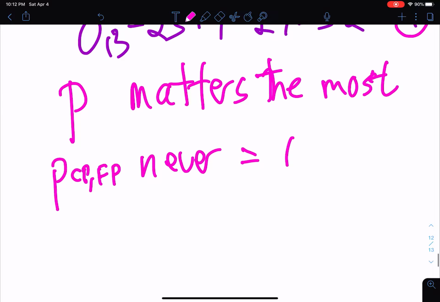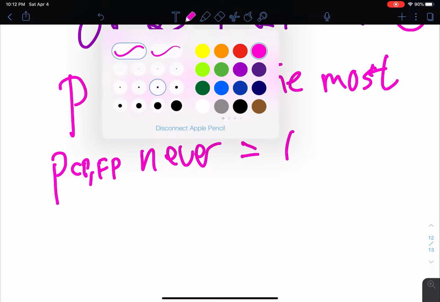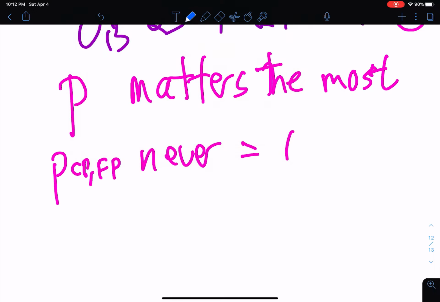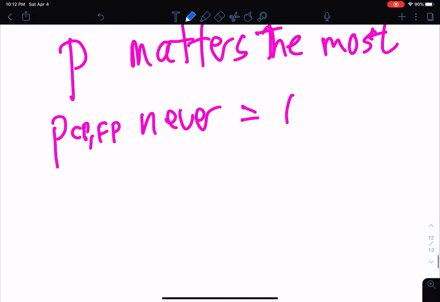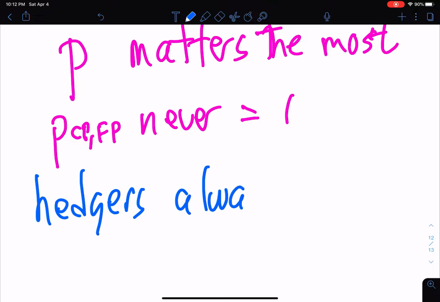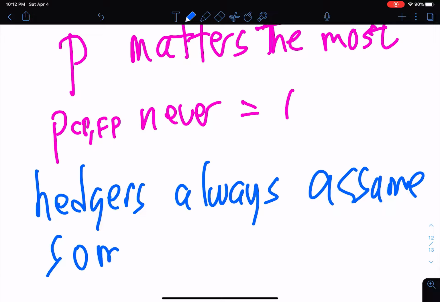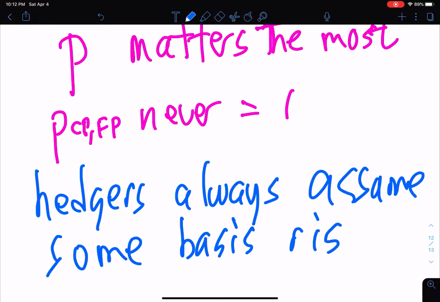And that implies that hedgers, this is important, always assume some basis risk. Hedgers always assume some basis risk.